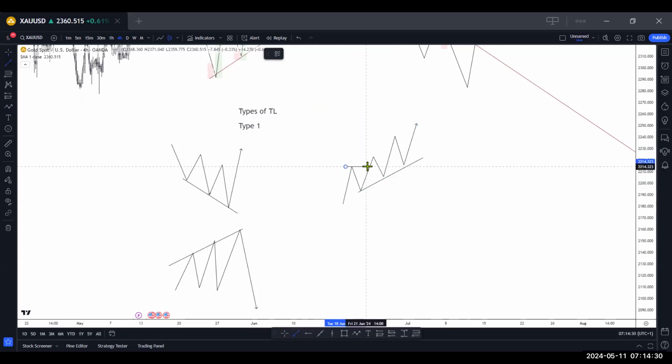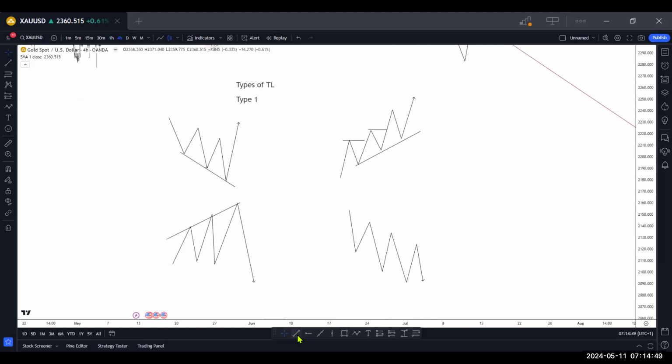So you see breakout, taps, entry. Okay. For sell scenario, you have something like this. This is continuation, right? First touch, second touch, entry. So this is type one TL.